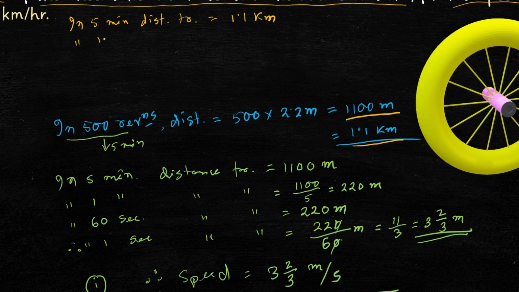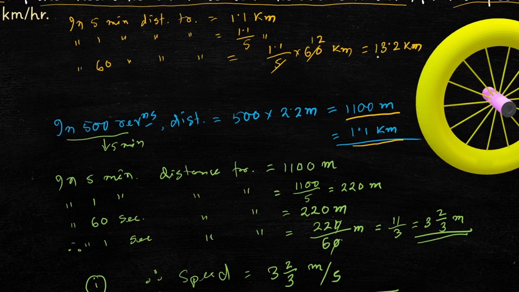So in 1 minute, distance traveled is equal to 1.1 divided by 5 kilometer, and in 60 minutes, distance traveled is equal to 1.1 divided by 5 multiplied by 60 kilometer. So this is equal to 13.2 kilometer. So 13.2 kilometer distance is traveled in 60 minutes.